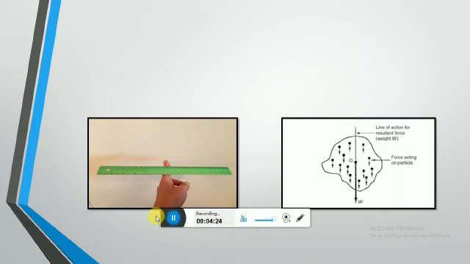So it means in this case, if we discuss the principle of moments, if we put a small weight on the right side, the ruler rotates clockwise. If we put a small weight on the left side, it rotates anti-clockwise.